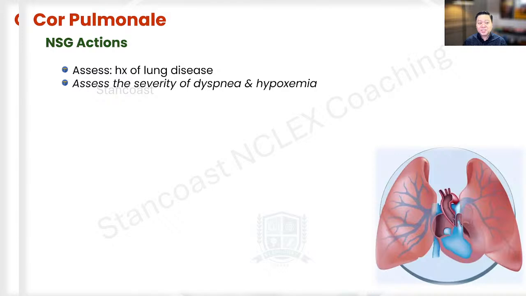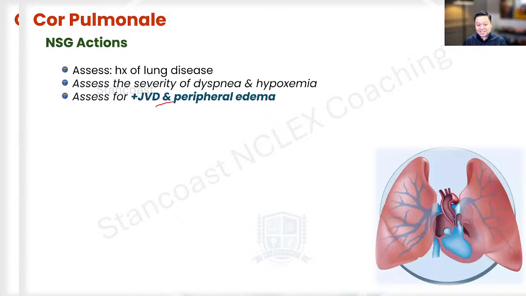So how are we going to do that? Well, we're going to have to measure the patient's ABG, take a look at the values, and also look at the oxygen saturation continuously.